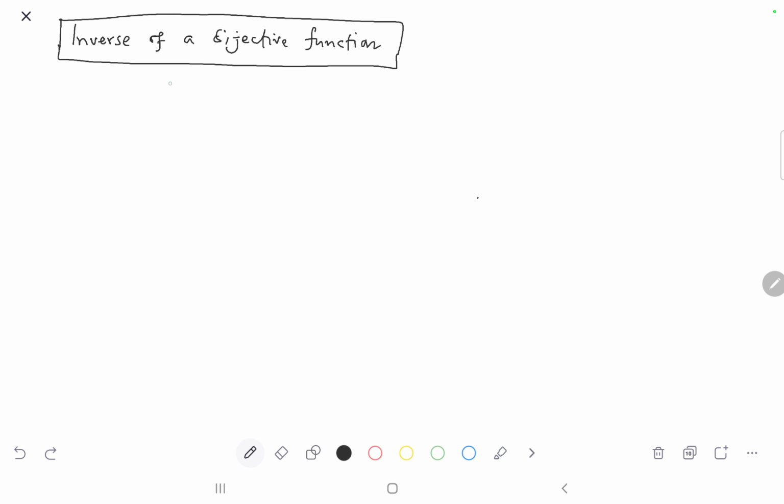Let me write a function f from, let's say, R minus 1 to, I will tell you where it is landing, defined by f of x given by the formula y equals (x plus 3) divided by (x minus 1).